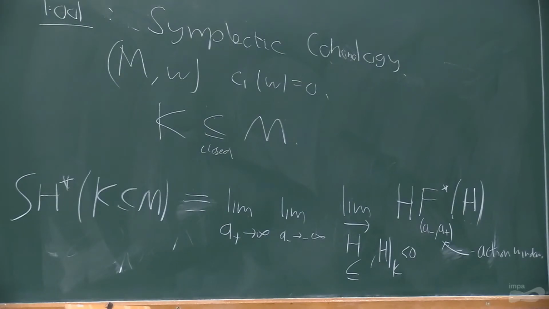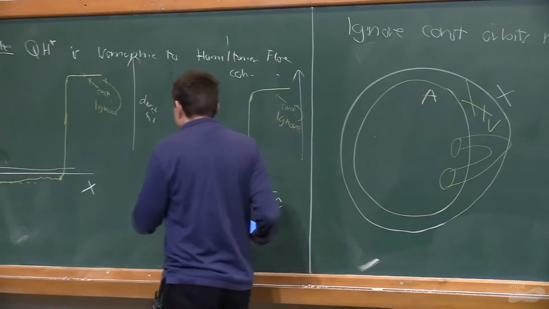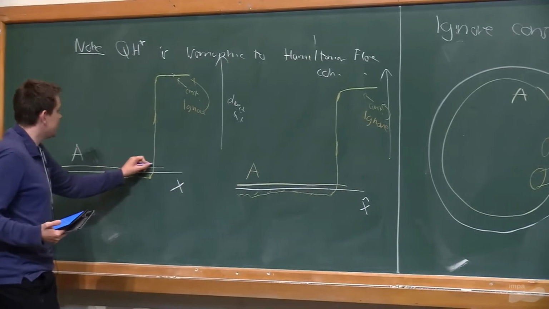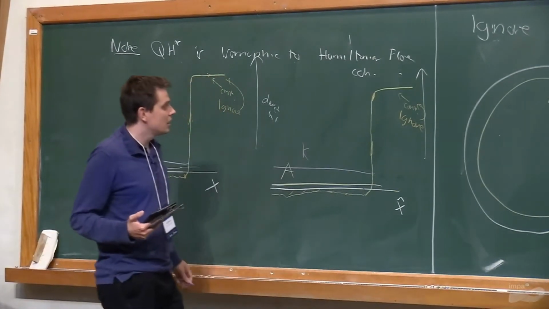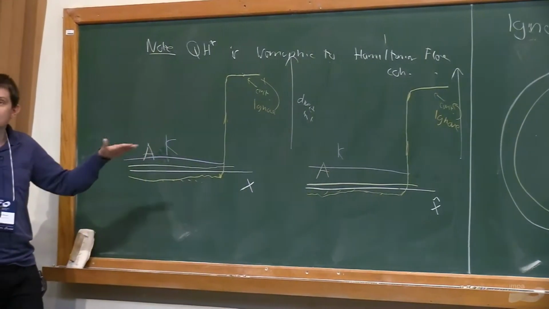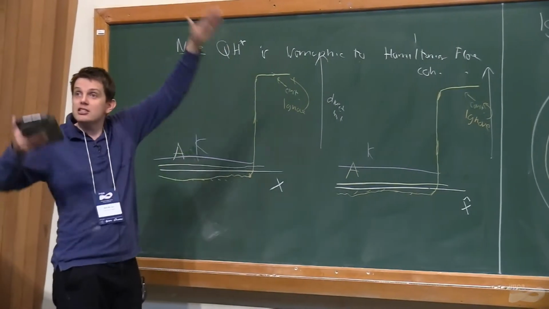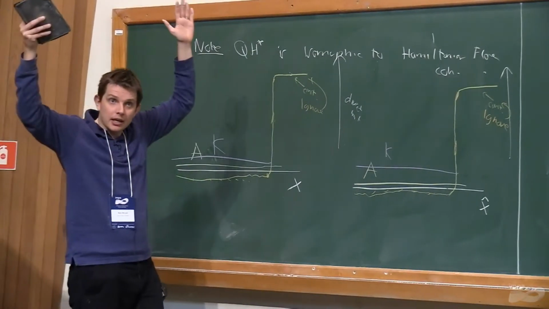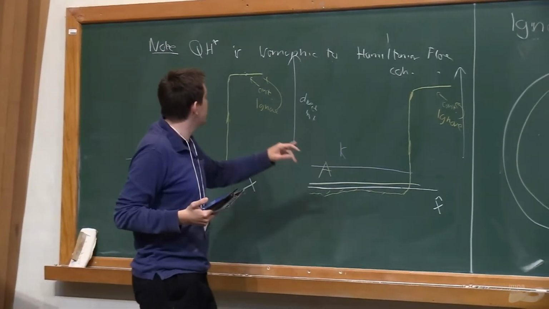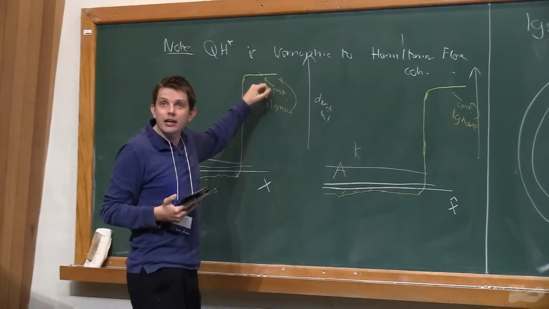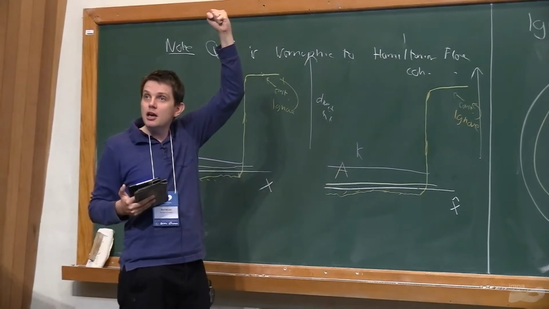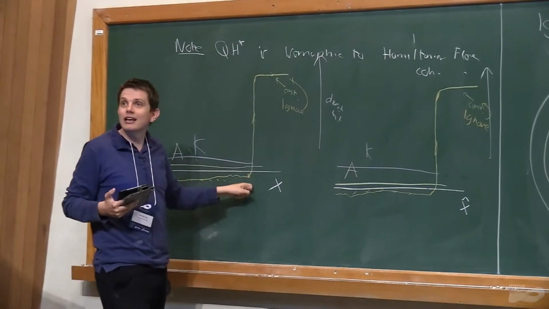Okay. But at the very least, if I fix this action window, K is some very large compact subset of A, and the Hamiltonian is negative on K, and it's going to plus infinity outside K. And if I fix this action window and I look at some orbit here, some forbidden orbit, I can look at the continuation map applied to this forbidden orbit, and it has to go here.